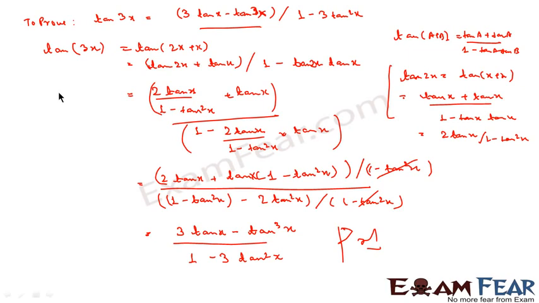That's what we wanted to. So we have proved that tan 3x is equal to 3 tan x minus tan cube x by 1 minus 3 tan square x. To solve the trigonometry questions faster, you can learn these formulas, else you can derive them in the exam hall. It all depends on your wish.